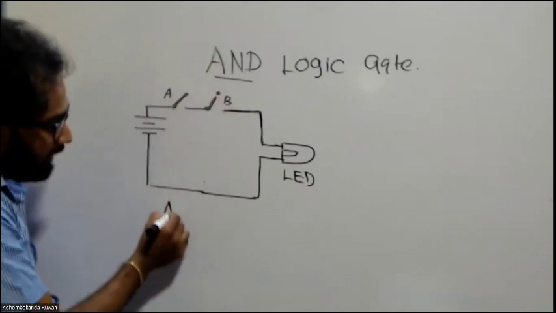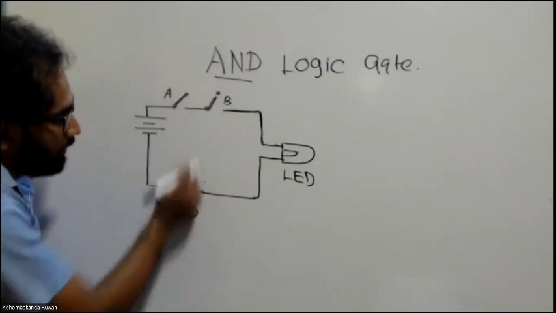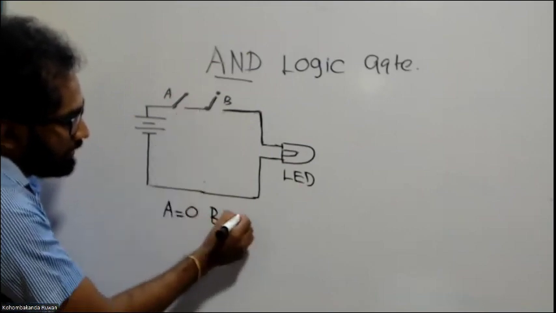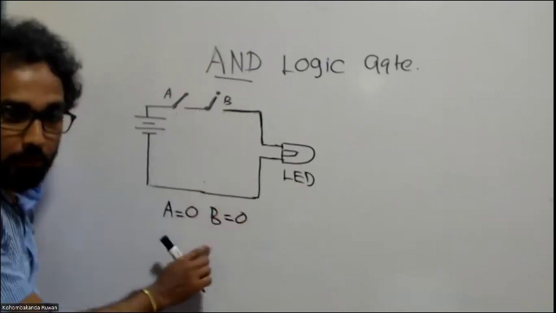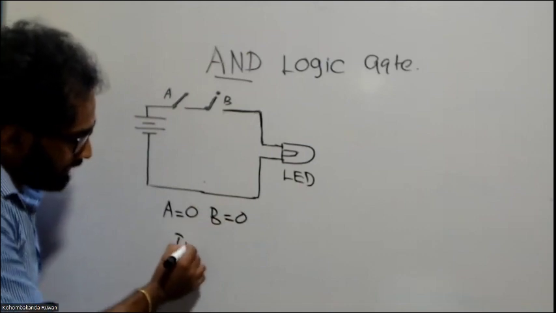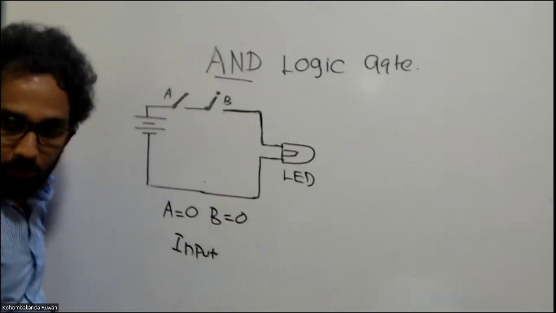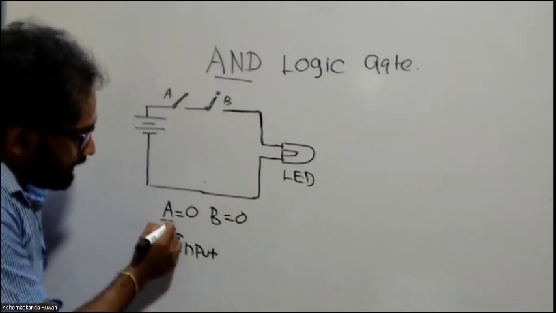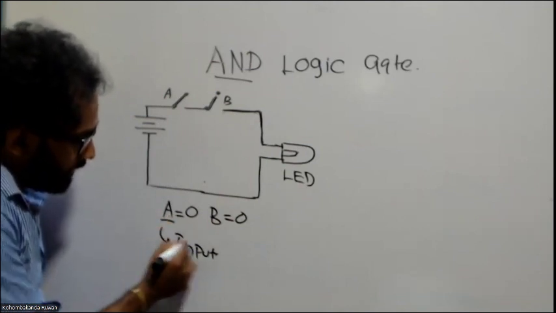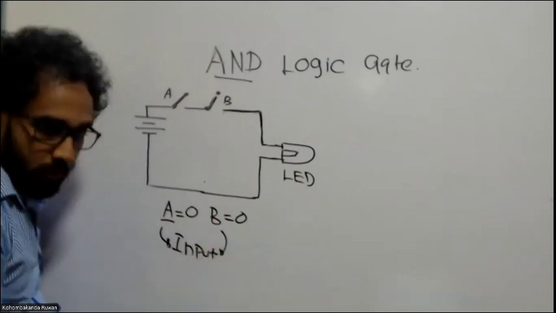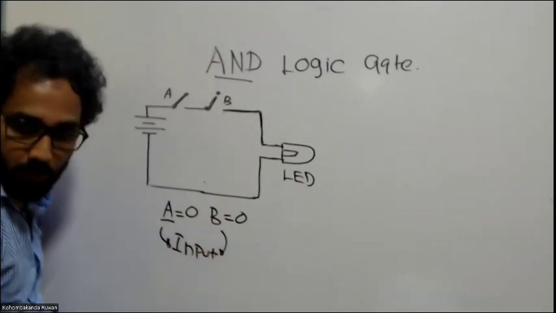That means A equals 0, B equals 0. Both are inputs. Switch A is an input, switch B is also an input, right?